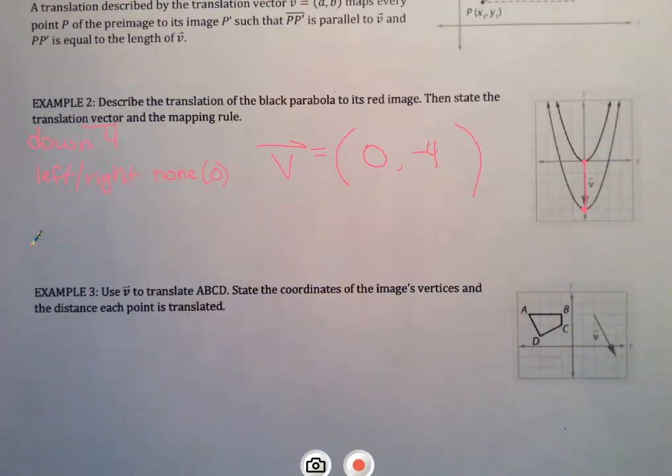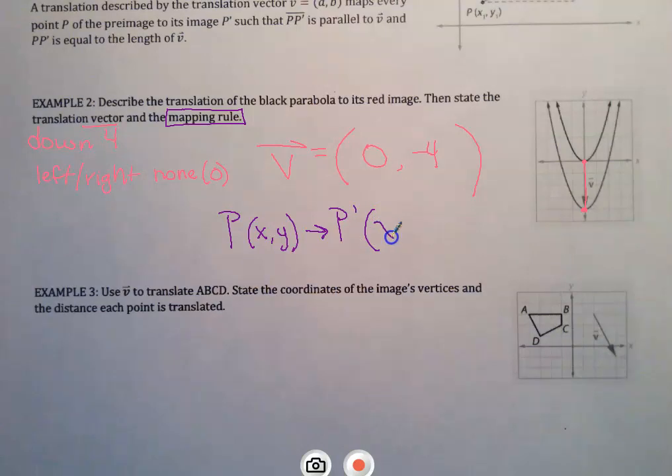So it seemed really complicated up above, right? Does it seem so complicated now? Not so much. Now, the part that might be a little complicated is this mapping rule. The mapping rule says, okay, I start with P at x, y, and I want to go to P prime. What happens to my x and my y?